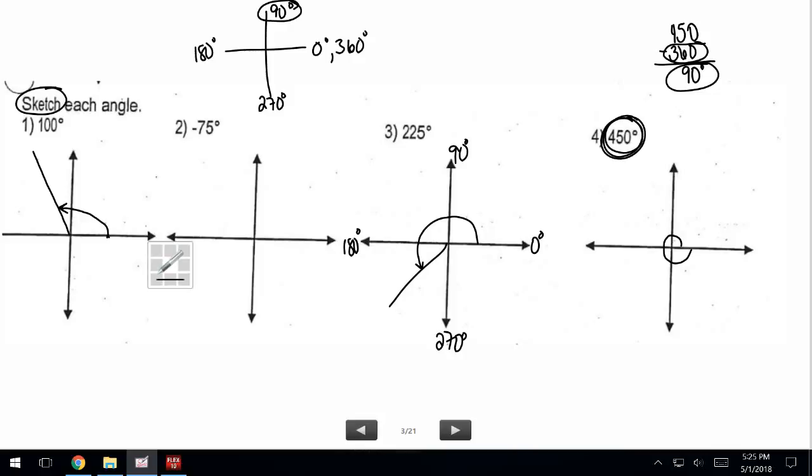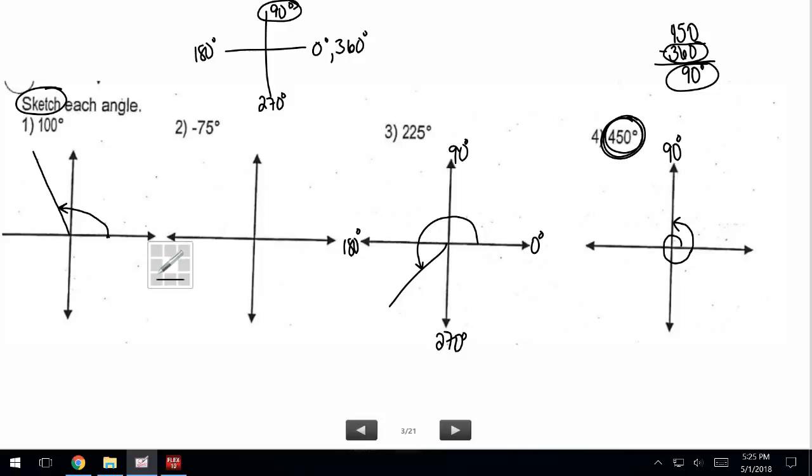So once I've gone one full circle, I need to go 90 more. Well, 90 more is right here. That's where 90 is. So I'm going to go and stop on this line. Notice how my circle kind of spirals so that I can visually see how many times I went around.